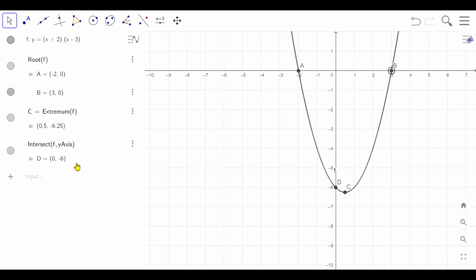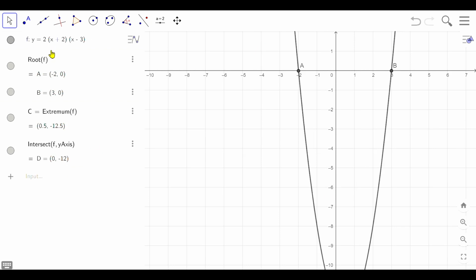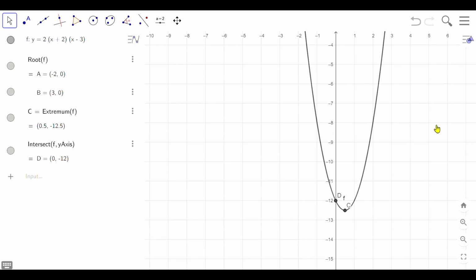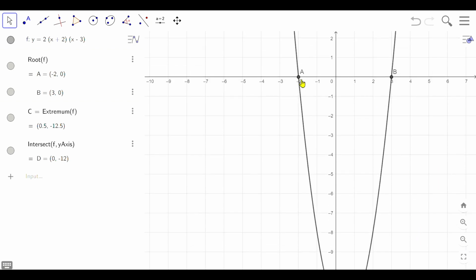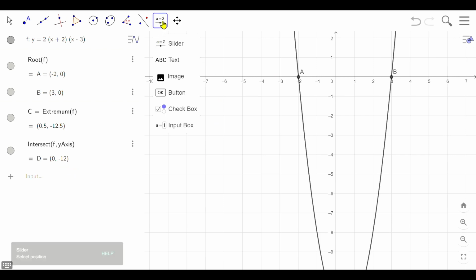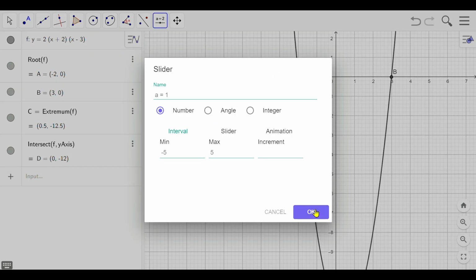Now, what if I'm going to put a factor here, a number, let us say 2. Take a look at the parabola. It changes a little bit, but it still passes through the intercepts (-2, 0) and (3, 0). But the y-intercept this time is at (0, -12). Now, let me show you that there could be other parabolas that may pass through those points.